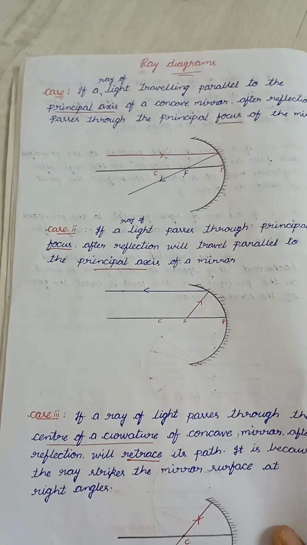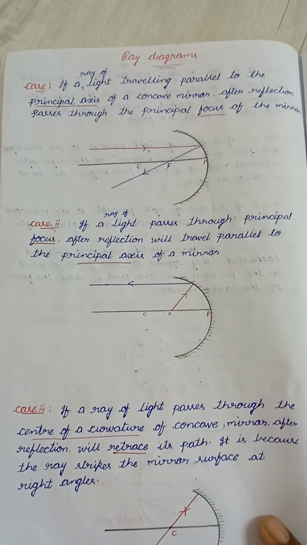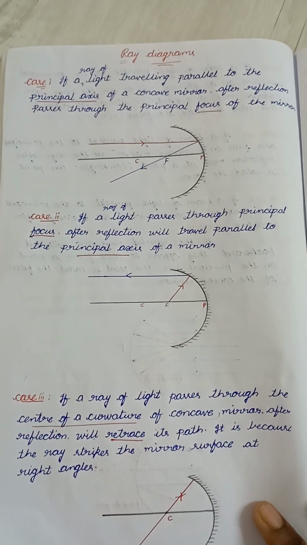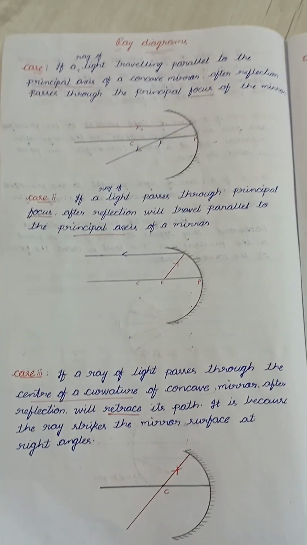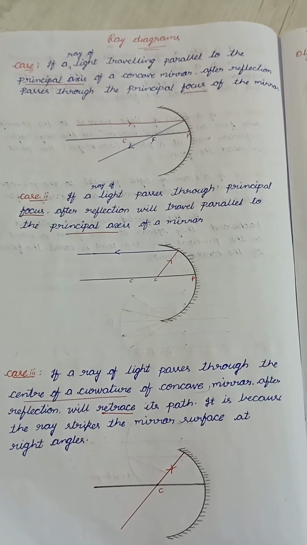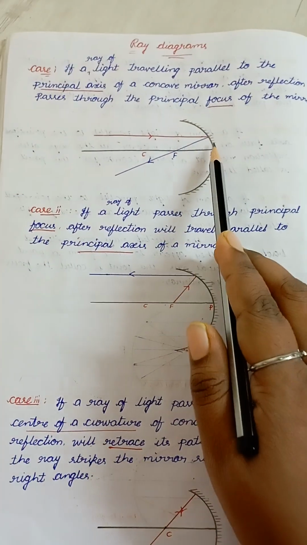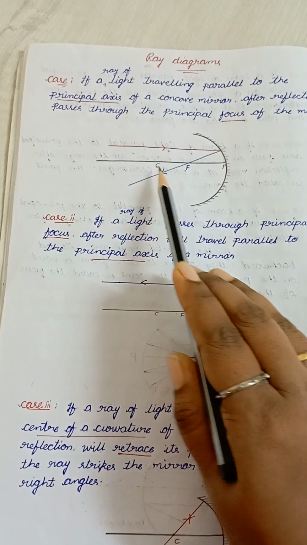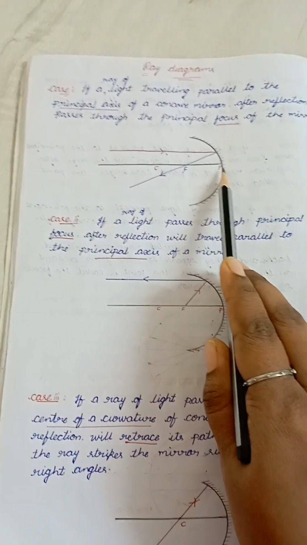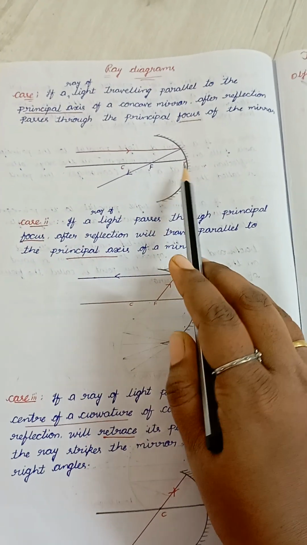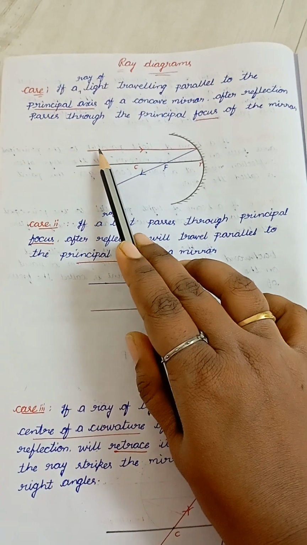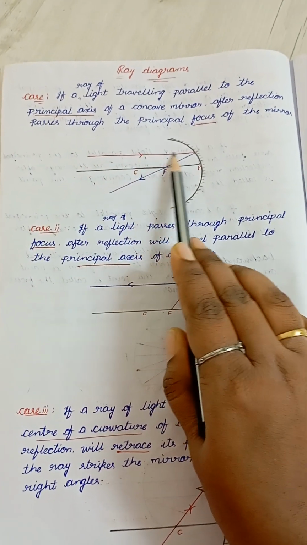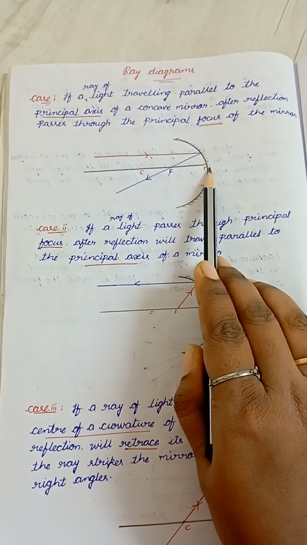Now we will see the ray diagrams of a concave mirror. There are three main rules. We will see the first case. As we know, this is the mirror, pole, focus, center of curvature. We call this the principal axis.